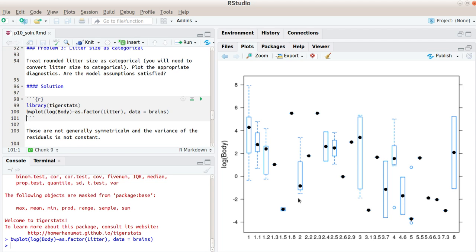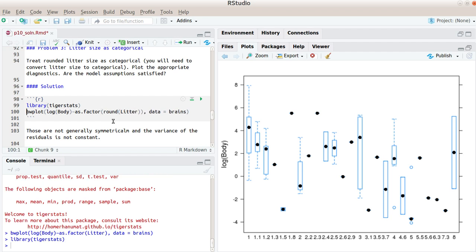That would indicate that the variance is the same. For the category 2, the prediction is going to be this, and then this is the spread. So what we want is for the spread to be symmetric, and we want the spread to be the same for all the categories. Here I didn't actually round, so I'll round the litter size here so that there are fewer categories.